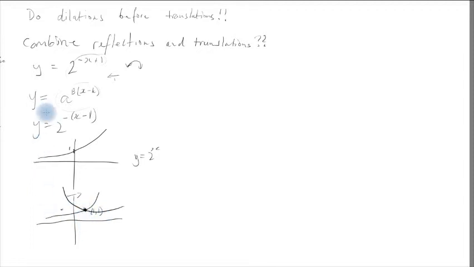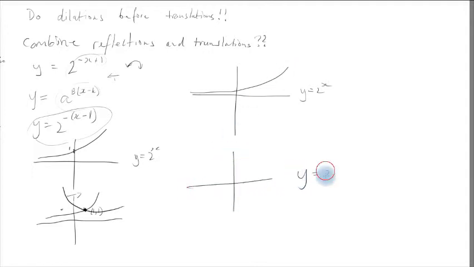Now, to avoid general confusion, if you've got it set up in this way, I would very, very much recommend doing the reflection first. And here's how that would be much easier. So here we've got y equals 2 to the x, looks like that. Then if you do the reflection first, we've got y equals 2 to the minus x, so it looks like that, and this is still the point 1.